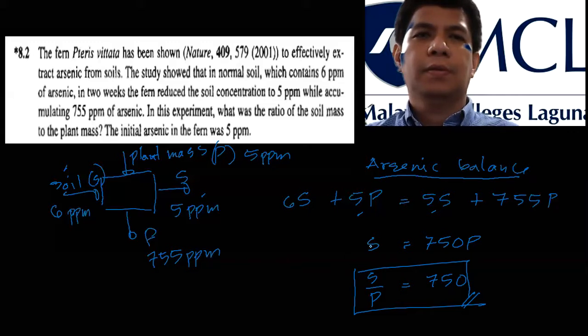Okay. So it's a relatively large number. Basically, you will need fewer amount of plant or fern per weight of the soil.